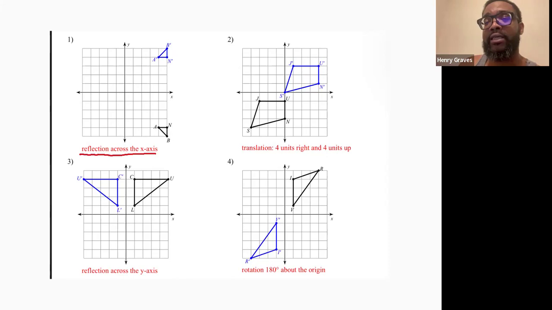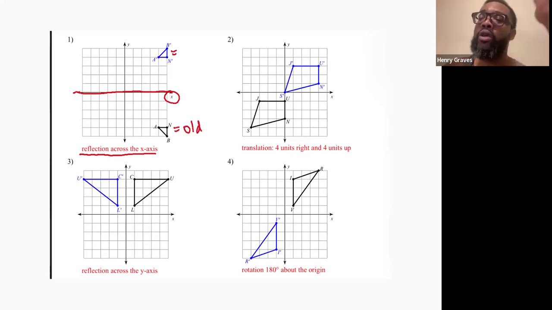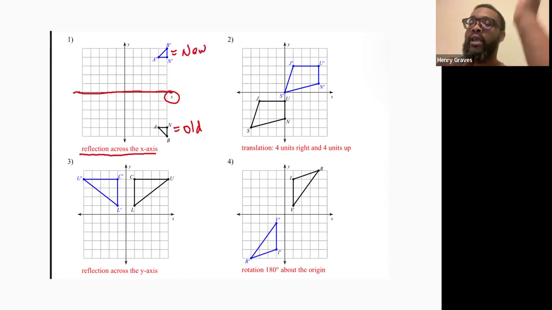Here's the x-axis, right? And this figure we're talking about, this is the old and this is the new. You can tell which one is the new and which one's the old, because the old is going to have no asterisk in front of it. So for instance, we have a triangle. Let me use a different one.